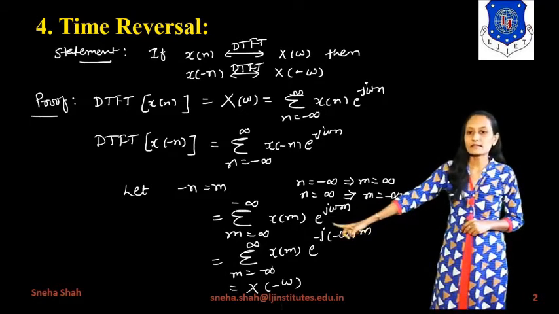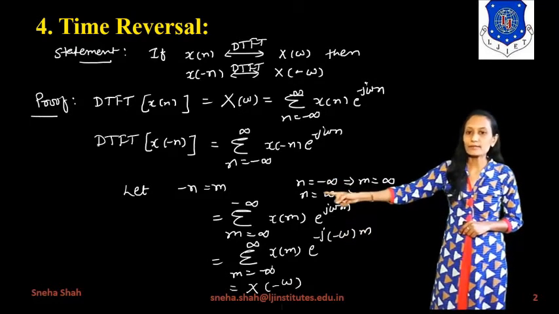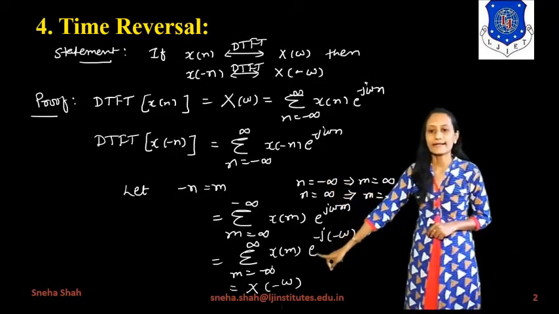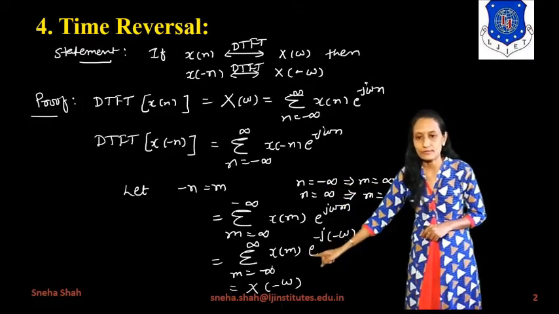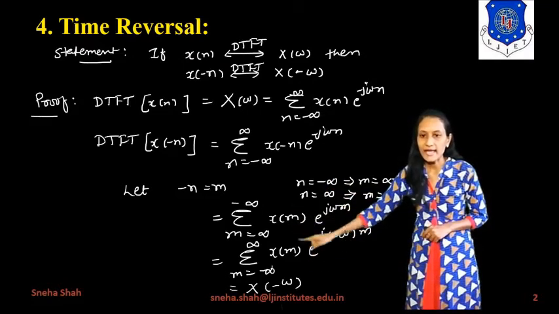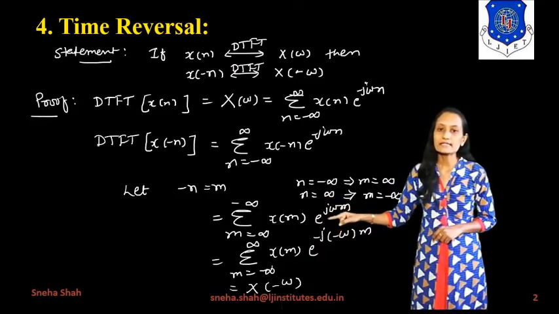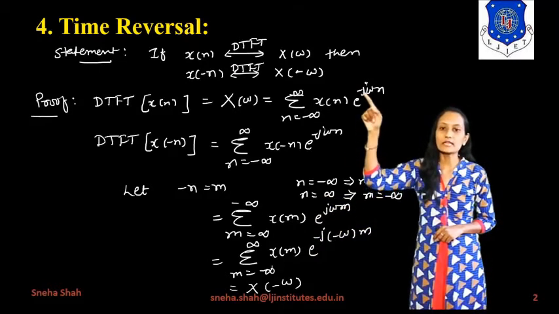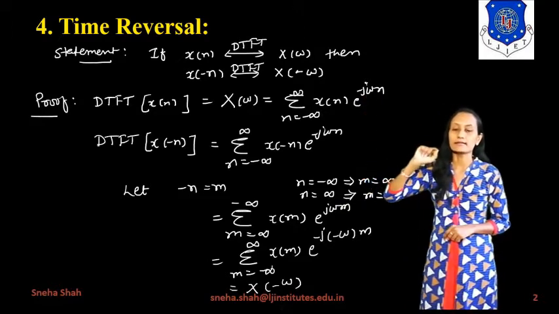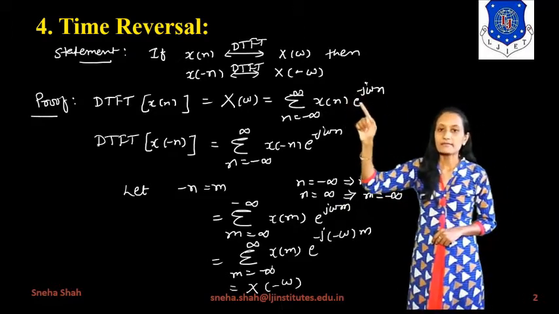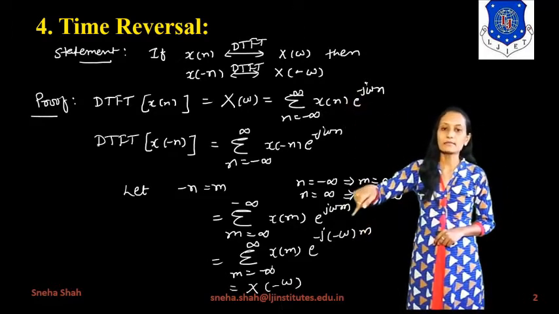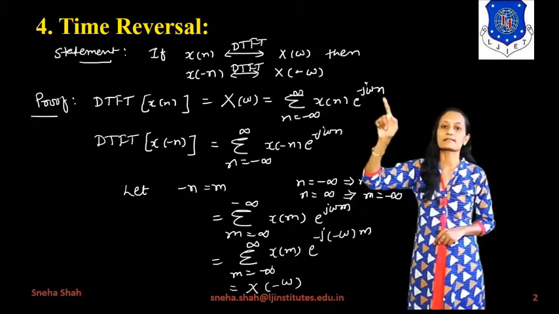So instead of summation m equals infinity to minus infinity, we can write summation m equals minus infinity to infinity, x of m as it is, and we rearrange this term in the form of e raised to minus j omega m. It means we have to convert this term into the form of e raised to minus something, right?